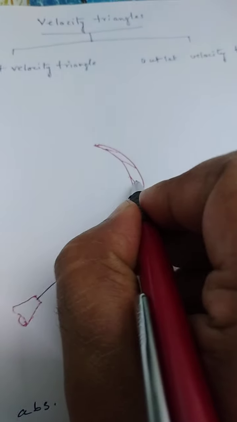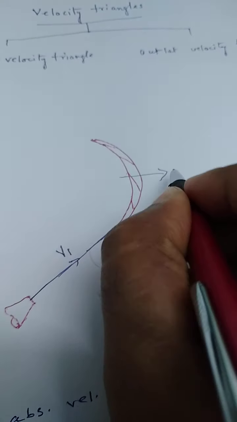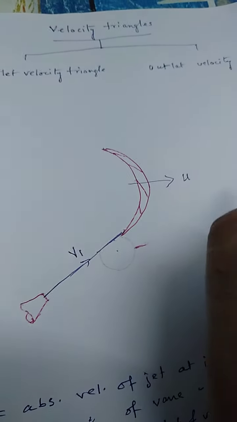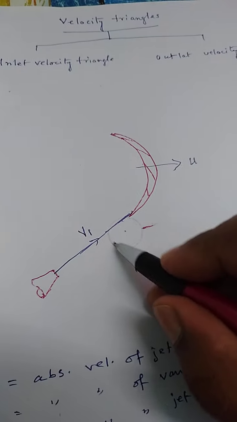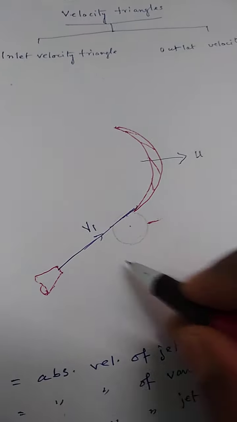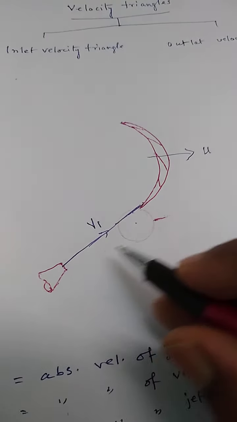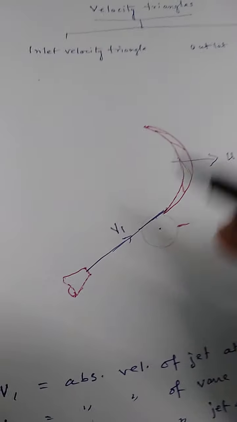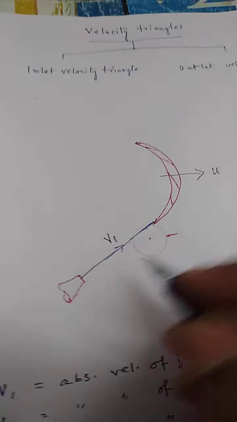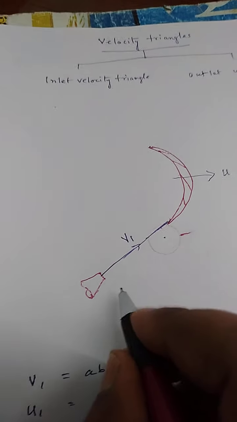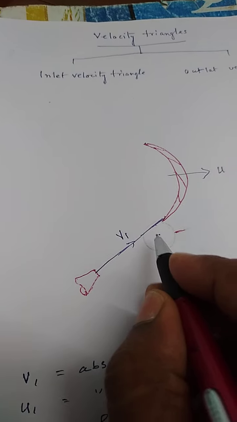Then there will be a velocity of the blade, and the blade is moving in this direction. Imagine this is the center of the turbine and there are so many blades on the outside of the turbine. This V1 is the absolute velocity.